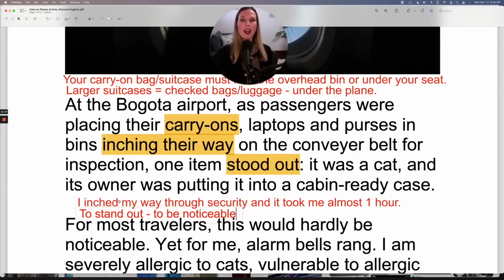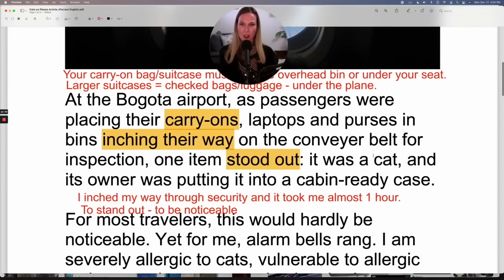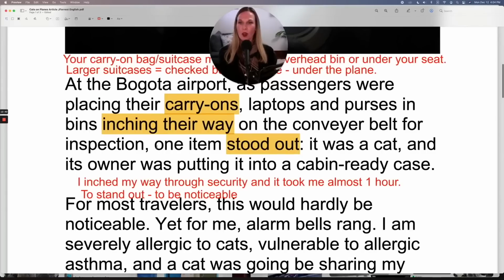So this item in all the suitcases, this one item was more noticeable because there was a cat in the suitcase. That's why it stood out. One item stood out, was more noticeable.